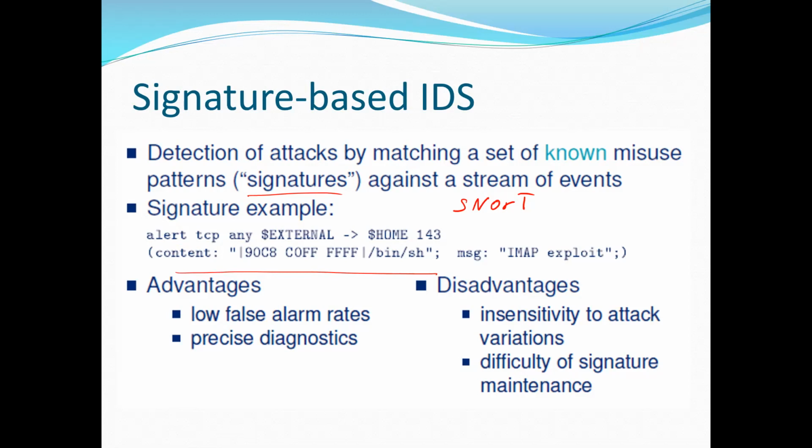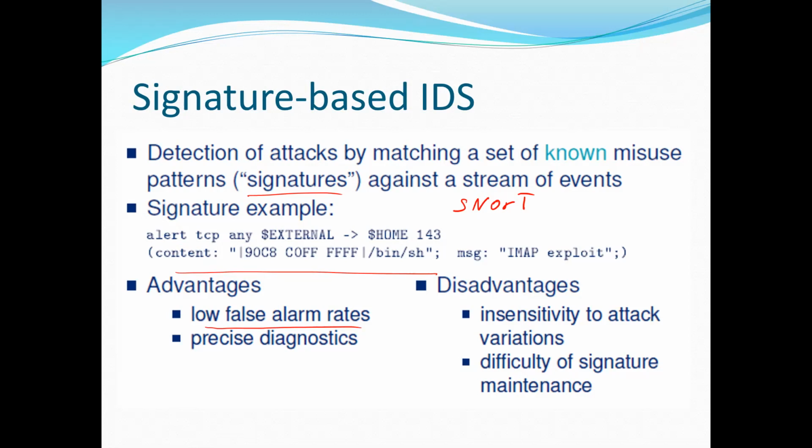Now, with signature-based IDSs, you have some advantages and disadvantages. An advantage is a low false alarm rate. That's a good one because if you're looking at every packet that goes in the network, getting a lot of false alarms would be a bad thing.